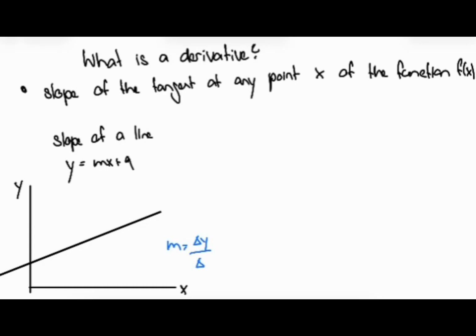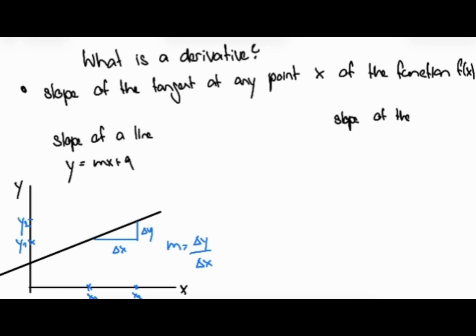Now let's take two points on the x-axis and two points on the y-axis, and create a triangle. With this change in y and change in x, we're able to calculate the slope of this line. This example is also helpful for the slope of the tangent.